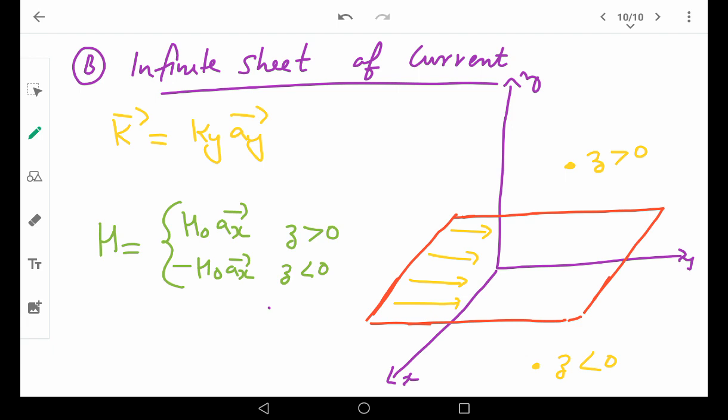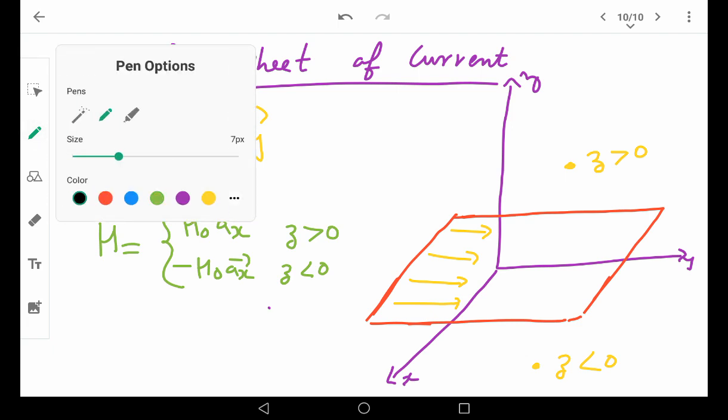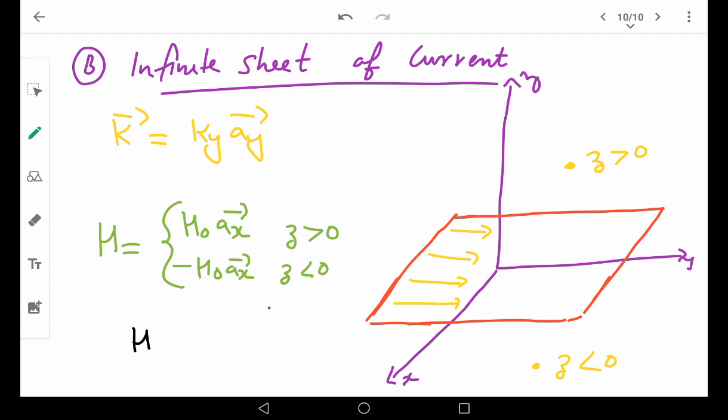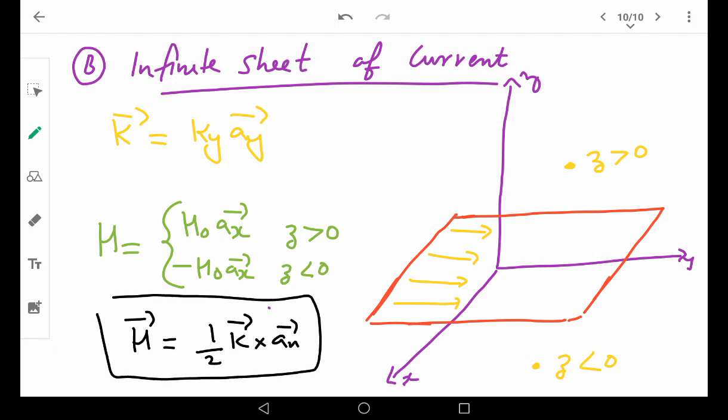In general, you can write the formula for H in this case as H equal to half of K cross aN, where aN is the normal direction. aN will be in this direction for a point upwards, and in this direction for a point below the plane.